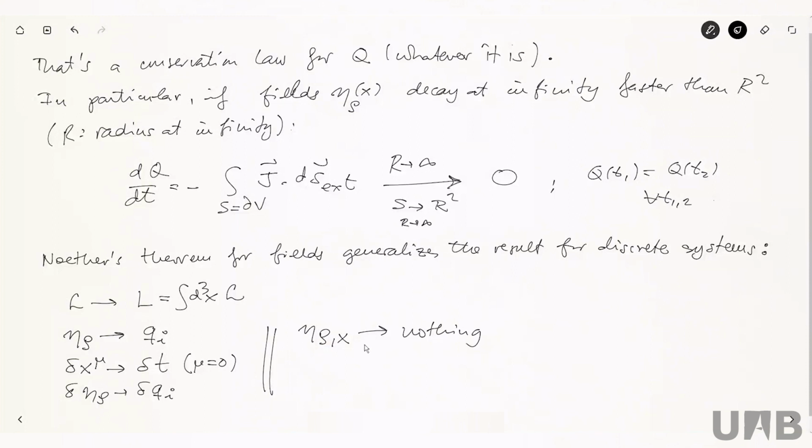The index x did not appear. And the derivative with respect to x also goes to nothing, because for discrete systems, we did not take derivative with respect to i. Remember that x had to be i, and so it doesn't exist for discrete systems. So this thing we'll just have to forget about.